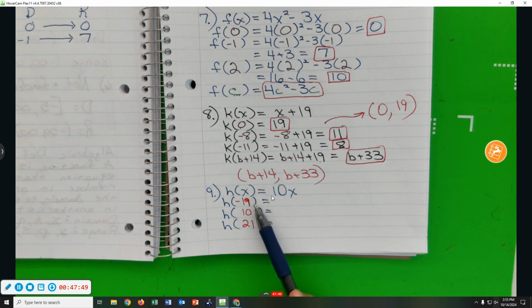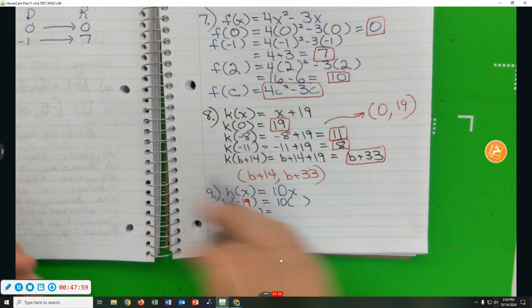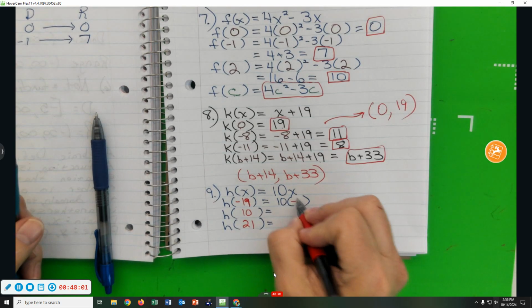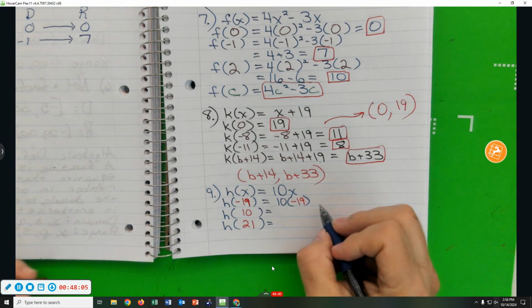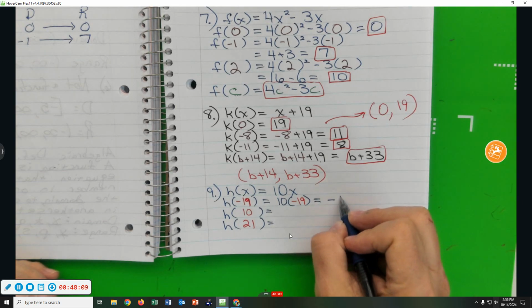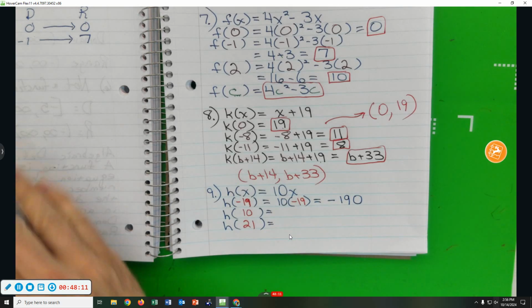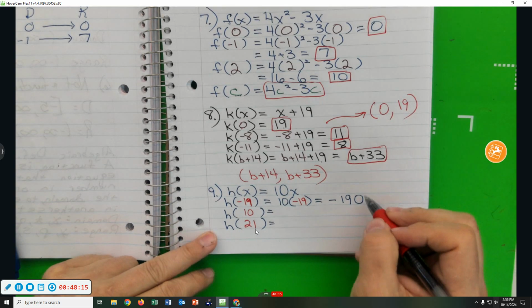Well, here we go. h of negative 19, that says go to your function h, and wherever you see a variable, replace it with negative 19. 10 times negative 19 gives me a y value of negative 190. So when x is negative 19, the y value is negative 190.